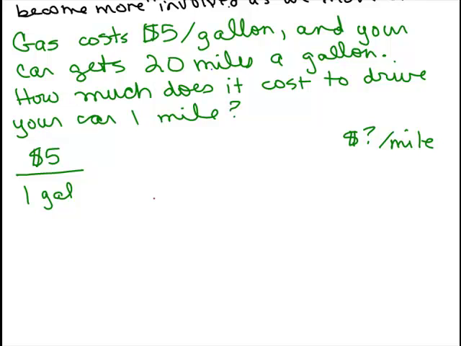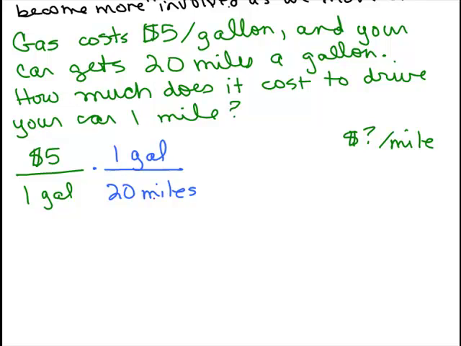Okay, well, we know it gets 20 miles in 1 gallon. So here's the tricky way of doing it. For 1 gallon of gas, you get to go 20 miles. So this is a little bit of a stretch, a little bit different thing that we've been doing. It's not like 1 gallon actually equals 20 miles, but on 1 gallon of gas, you get to drive 20 miles.